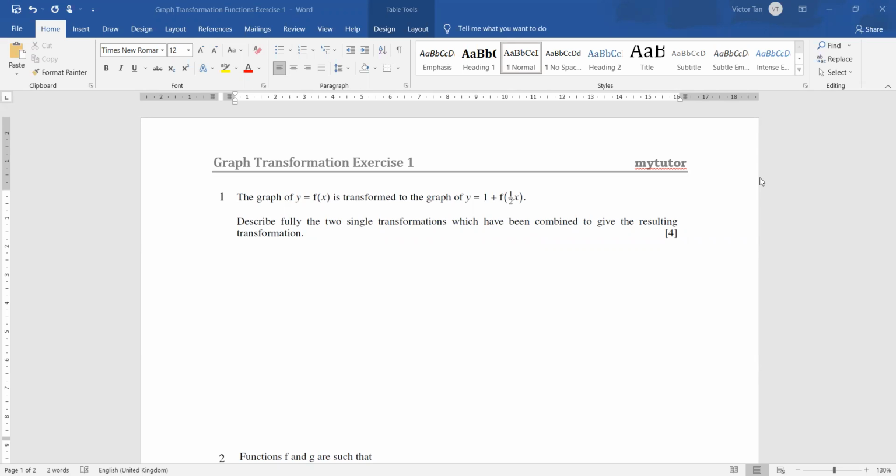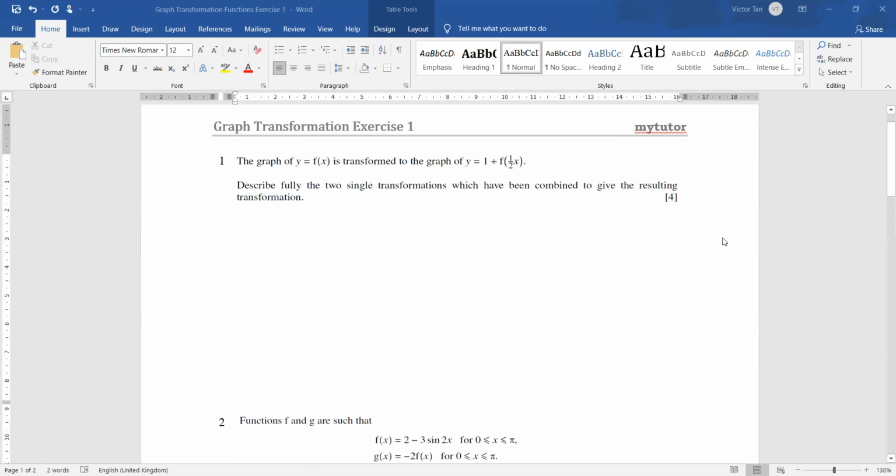So let's go. The graph of y equals f(x) is transformed to the graph of y equals 1 plus f(x/2). Describe fully the two single transformations which have been combined to give the resulting transformation. In this question, you need to know the symbols of how graph transformation is reflected in function notation.